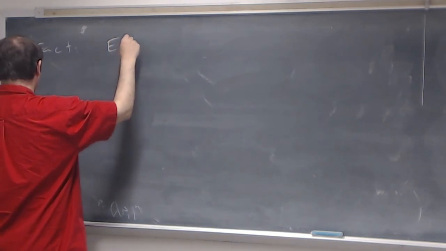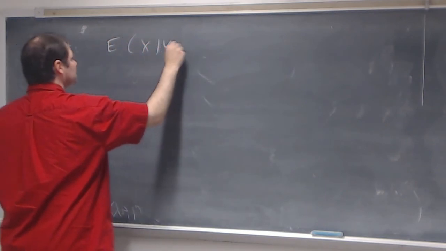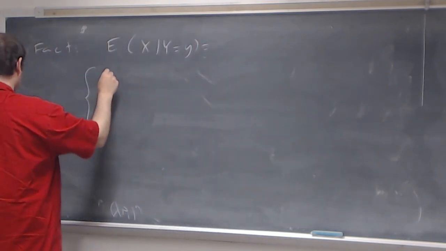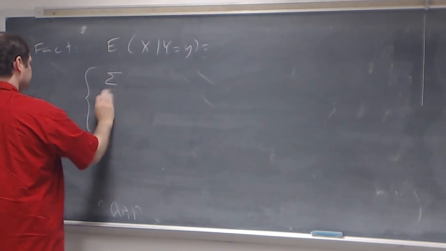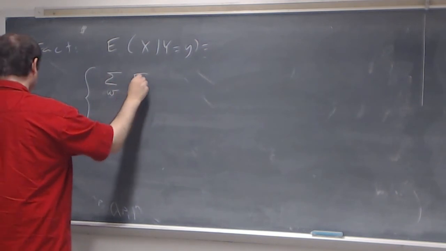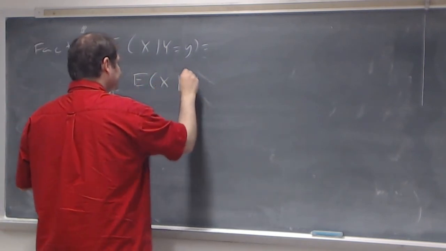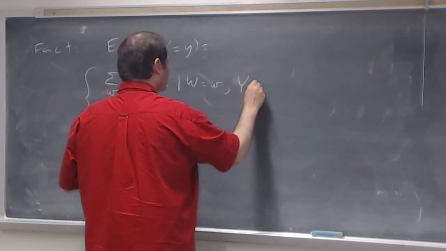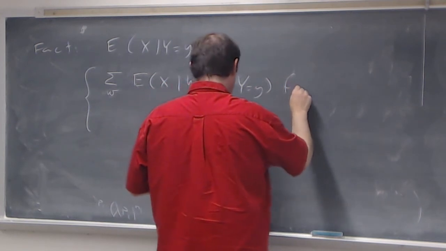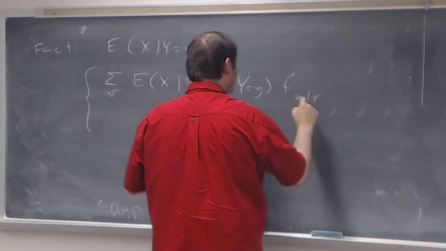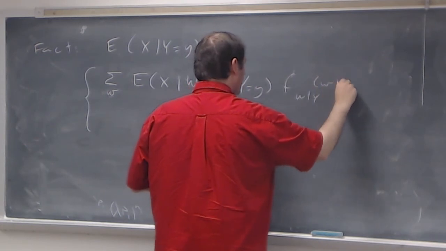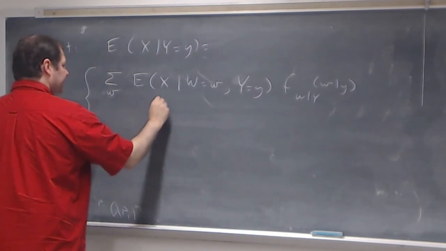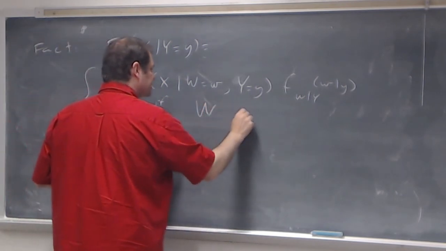So here, the conditional expectation of x given y equals little y can be rewritten in one of these two ways. It's the sum over little w of the expected value of x given big W is equal to little w, and y is equal to little y, times f sub w given y, little w given y, that sum, and that's if w is discrete.